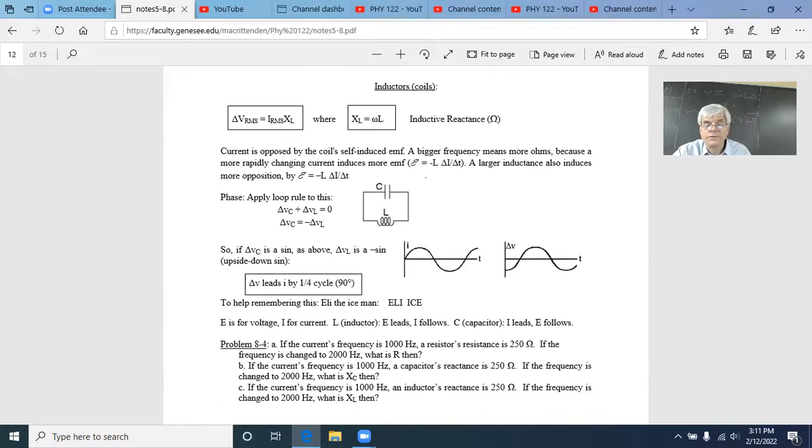Okay, right, did I say that backwards? No, I didn't. The voltage starts out. Let's look at it this way. Hold on.